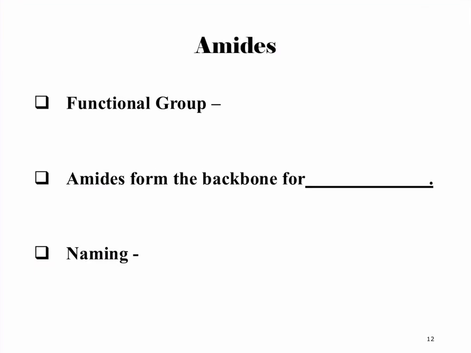The last functional group that we're going to be talking about for organic acids and bases is amides. An amide is a carbonyl next to an amine. And so you can have monosubstituted or disubstituted amides.